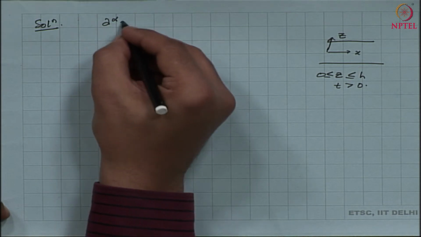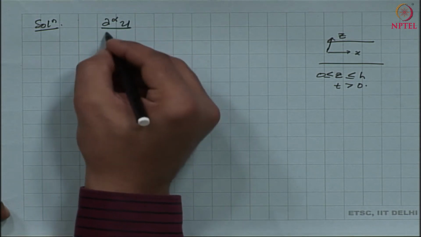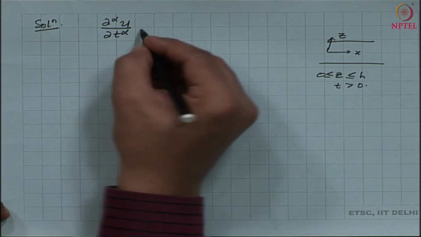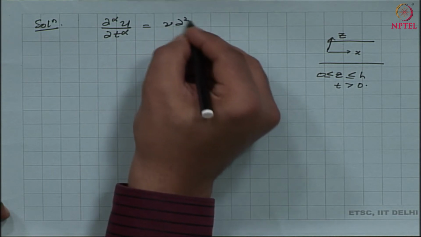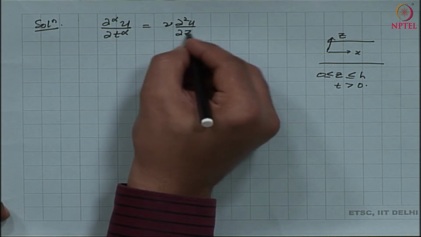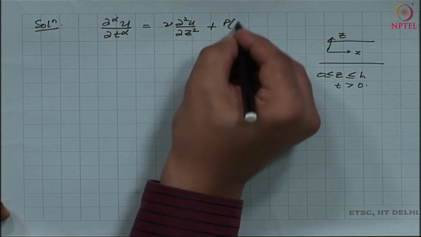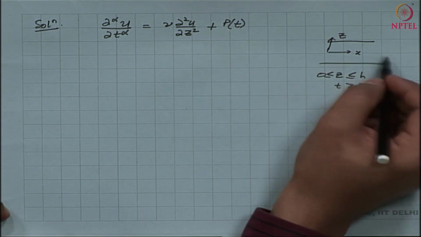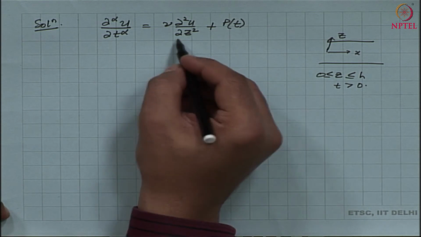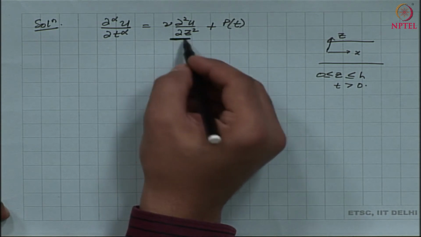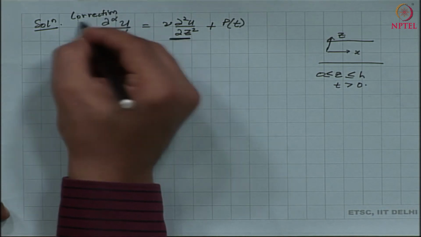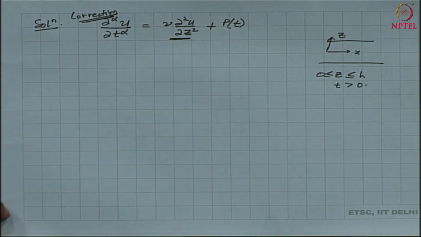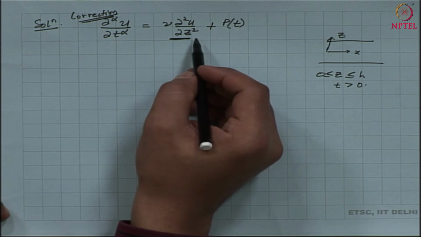So, I need to correct. So, the derivative is with respect to z. So, del alpha u del t alpha is equal to nu times del square u del z square plus P of t. Okay. So, although the domain in x is infinite, it is the domain in z that matters. Okay. So, please correct this equation here. So, this is the correction for this particular Couette flow example.